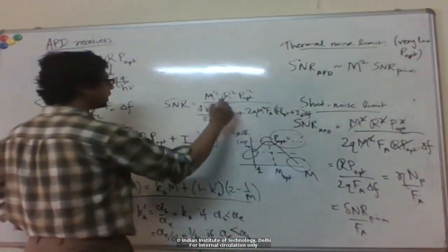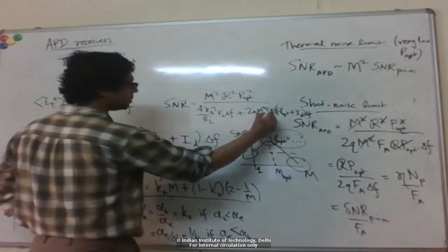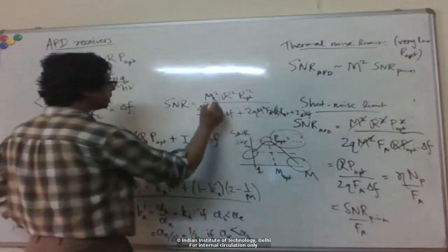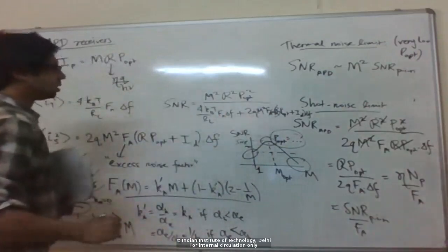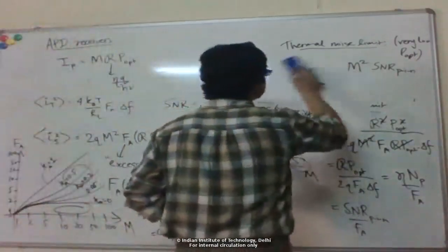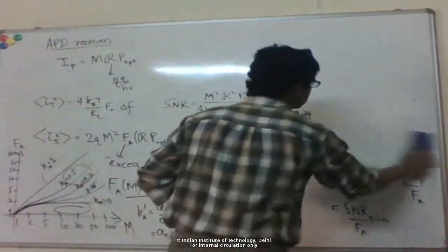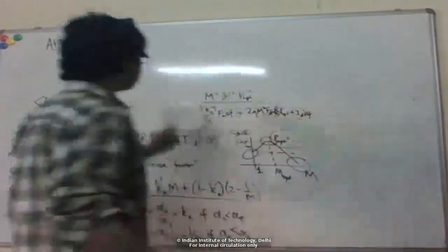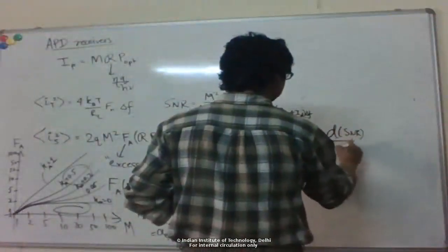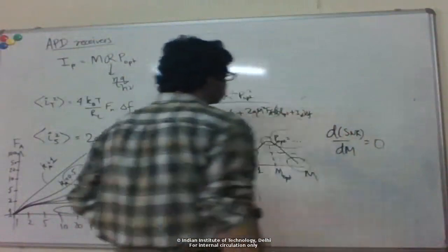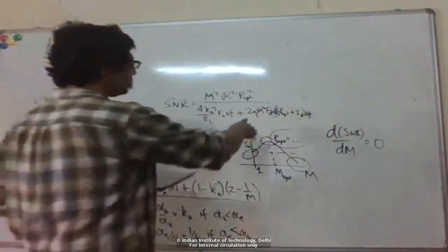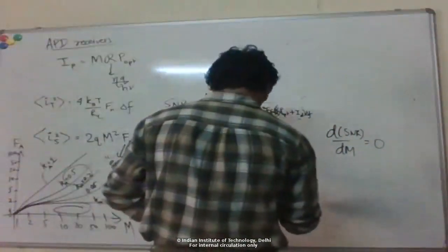You have an m in the numerator, and the noise term is also a function of m, F_A. So you have a function of m in the denominator, you have a function of m in the numerator. So basically what you can do is differentiate this expression, put it equal to 0 to find the maximum. Okay, so if you do that, you get this equation for the optimum gain.